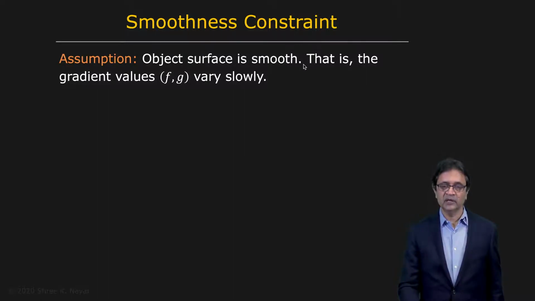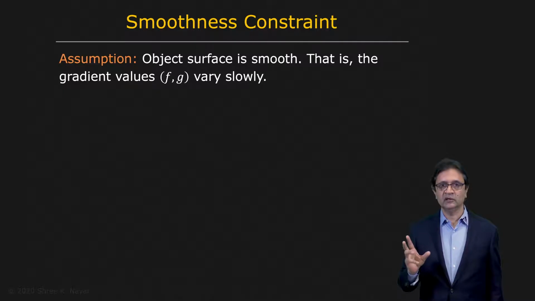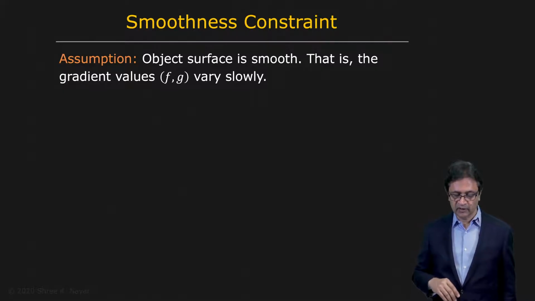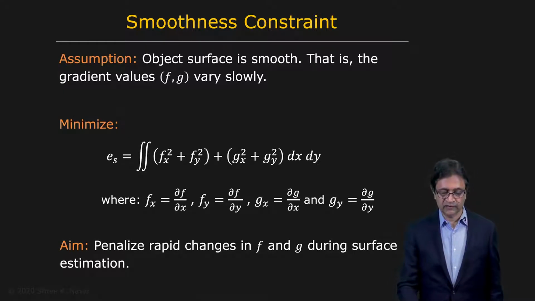What that means is that in terms of fg values, f and g are going to change slowly over the surface. That's what smoothness really means. So we're going to throw in one more term here, which ensures that f and g vary slowly. That means the surface is smooth. What we do is that we take the first derivative of f with respect to x, f with respect to y, g with respect to x, g with respect to y.